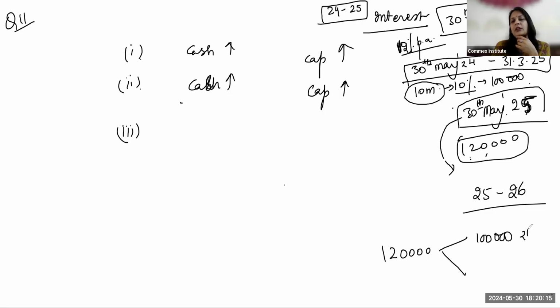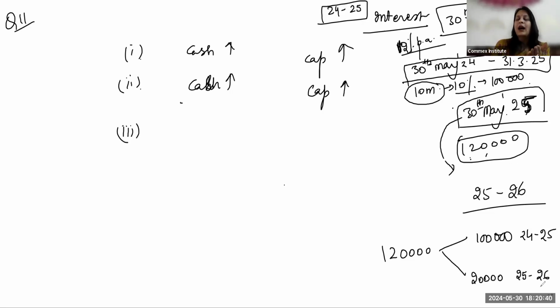It relates to the year 24-25, and only 20,000, 2 months interest of April and May 25, belongs to the year 25-26. Total interest he is paying me on 30th May. So I'm receiving this entire amount of 1,20,000 on 30th May, which lies in year 25-26.